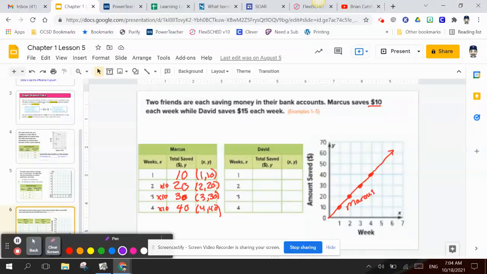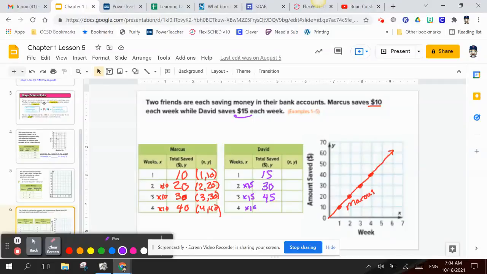I'll change color here so we can see what David's looks like. David, it says, is going to save $15 a week. So in 1 week, he would save $15. In 2 weeks, 2 times 15 would be 30. 3 times 15 would be 45.